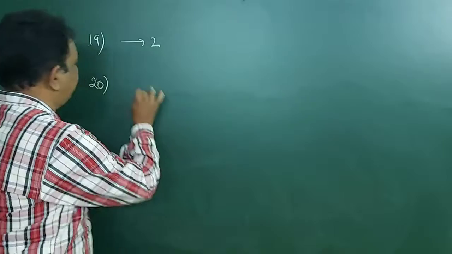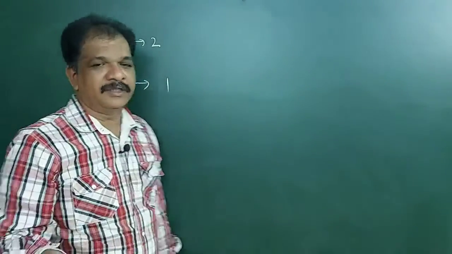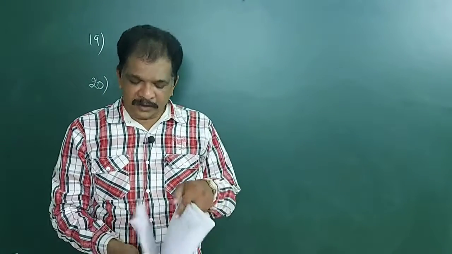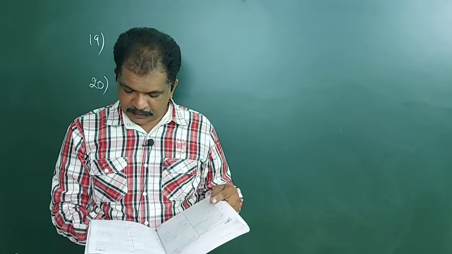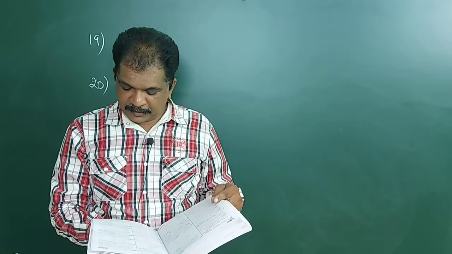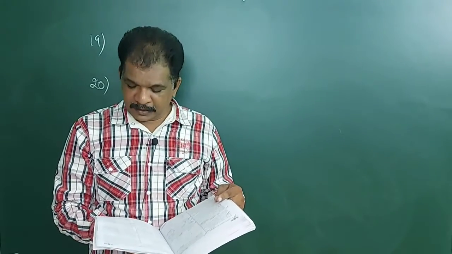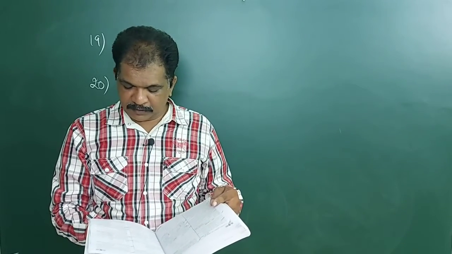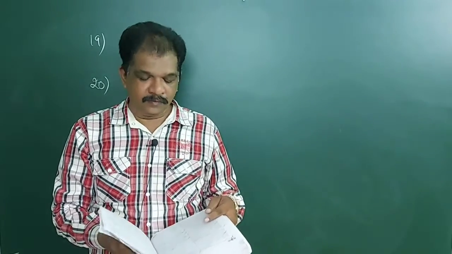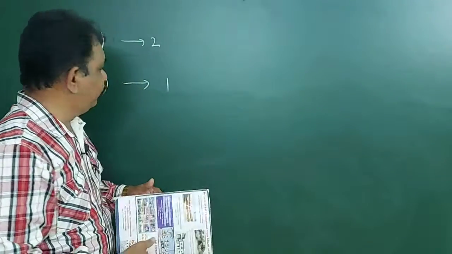The 20th question will be the first option. Simple, 4 gates they give. In those 4 gates, what is the AND gate? The AND gate will be the second one. What is the NAND gate? The fourth one will be the NAND gate. What is the NOT gate? The third one will be the NOT gate. Okay. The 20th will be the first option.